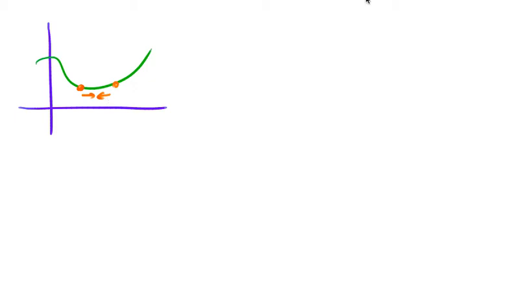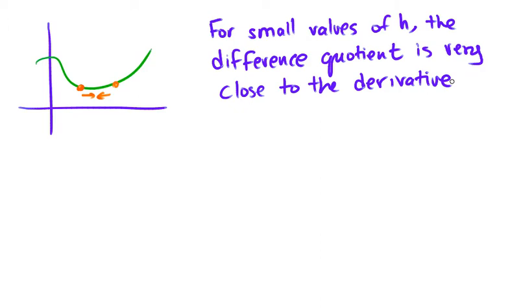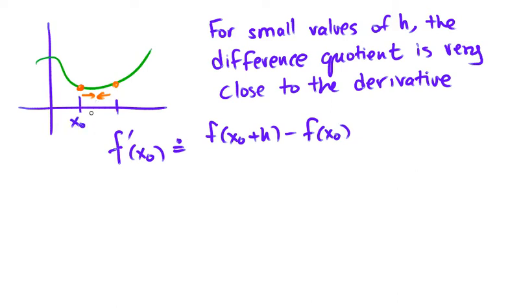And so it's also true that for really small values of h, the difference quotient is really close to the derivative, or the derivative approximates the difference between a couple of values, that the derivative is approximately the same as that tangent slope.